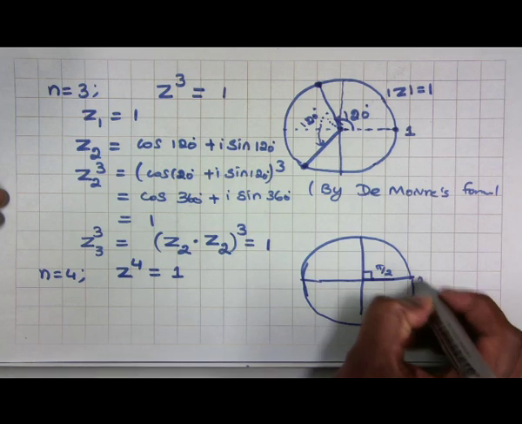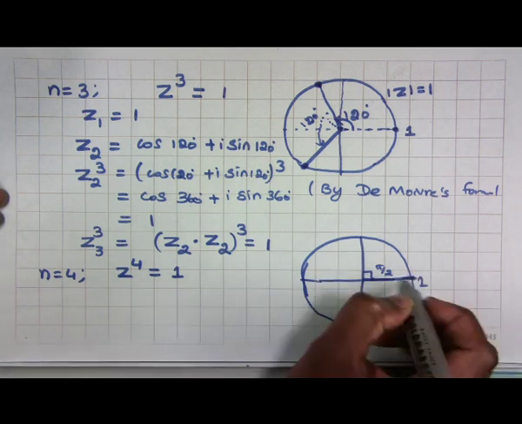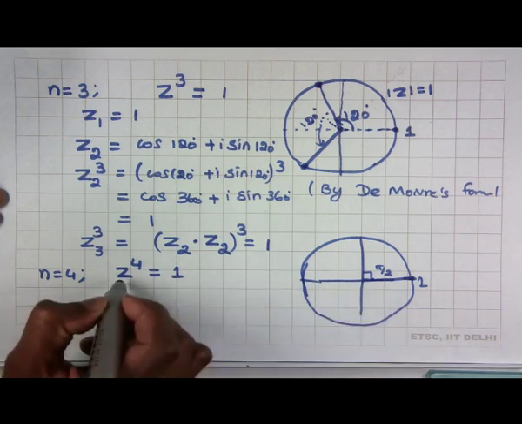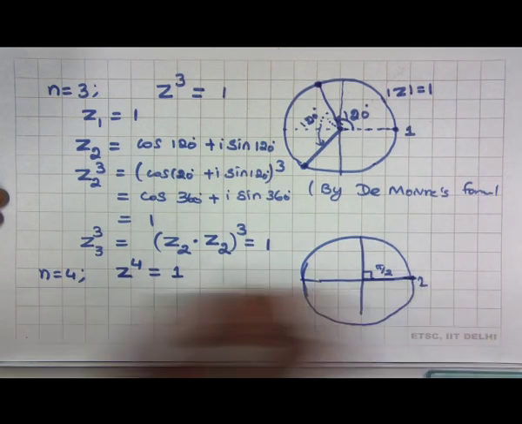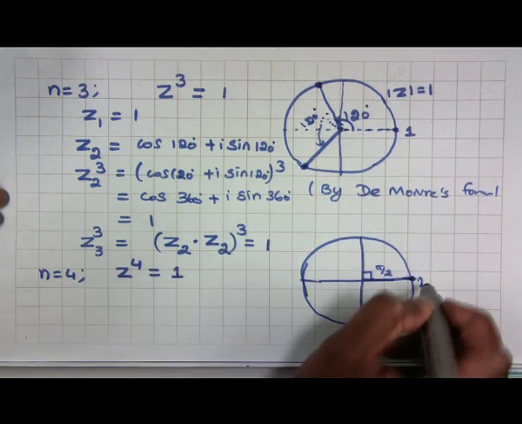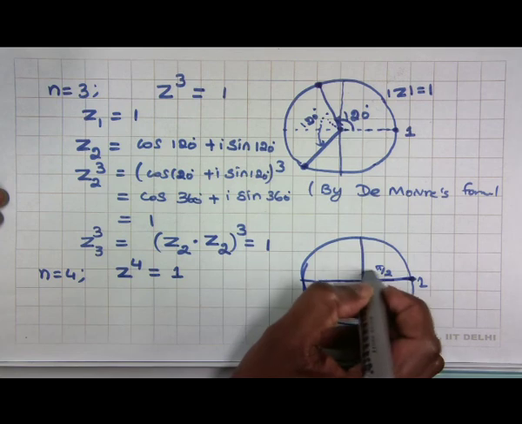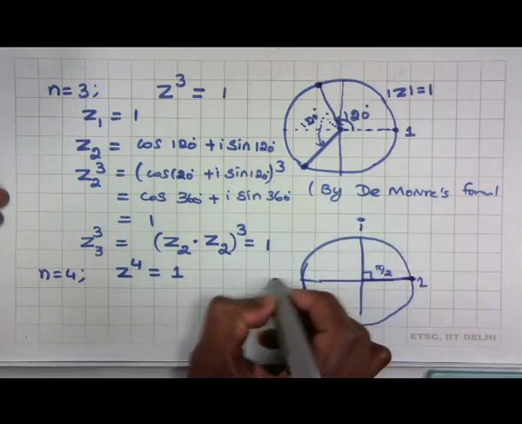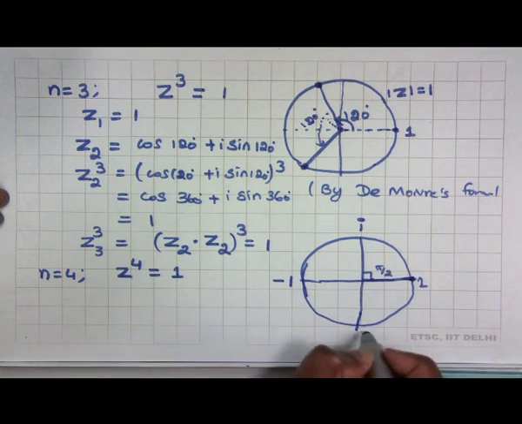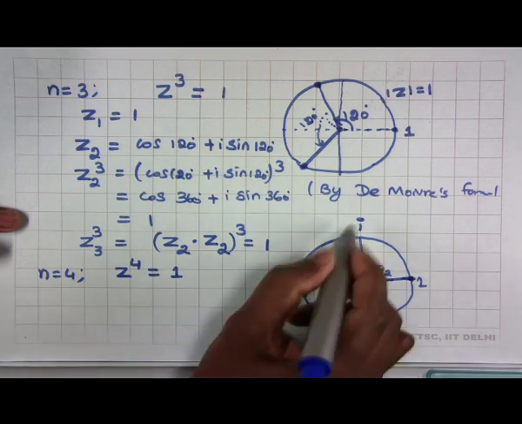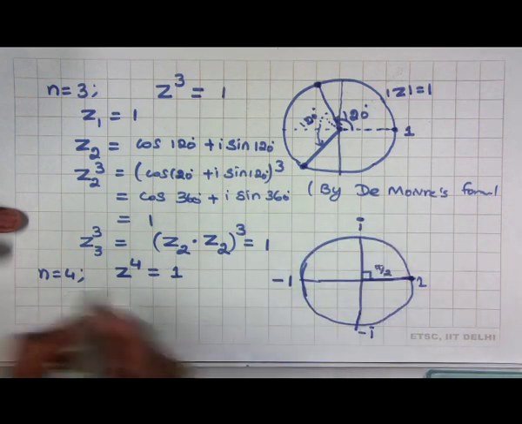By default, what we observe is that when you take Z1 as 1, it always satisfies this equation. So, 1 is always a complex number which satisfies this, and further we add the pi by 2, which is I, and then minus 1 and minus I, and we can easily verify that their fourth power gives 1.